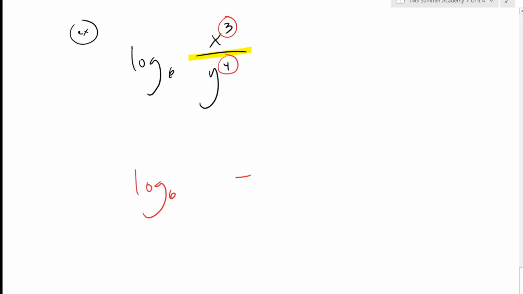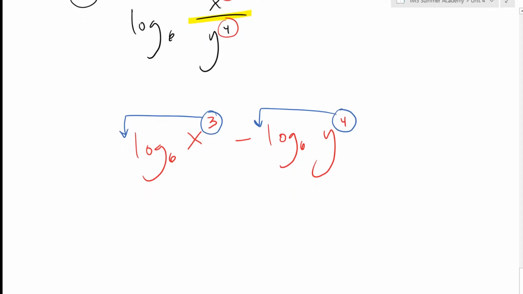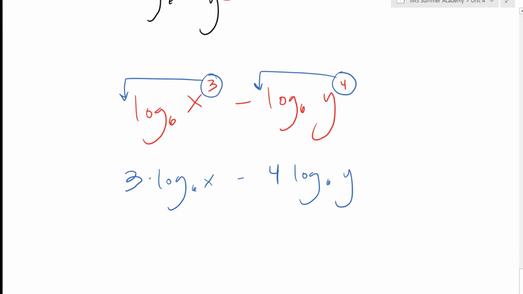So we've got log base 6, my first piece is x to the third, minus the bottom piece, y to the 4. And now I can travel these exponents forward, but they only go with the piece that they're connected to. So 3 goes in front of the x piece, 4 goes in front of the y piece. And there we go, our fully expanded version of this.